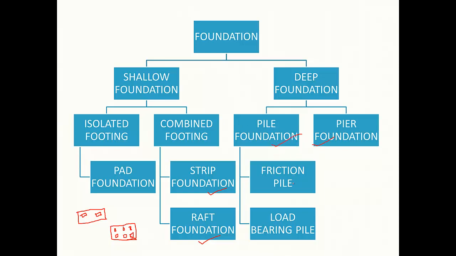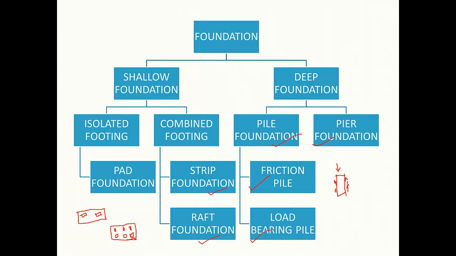Then in the case of deep foundations, we can go for pile foundations and pier foundations. Especially for pile foundations, you will find two kinds: one is the frictional pile and another is the load bearing pile. We will discuss these two types in detail when we discuss piles. If this is the pile and the load comes here, and these are the soil layers, some frictional or resistance force would act on the surface of the pile.